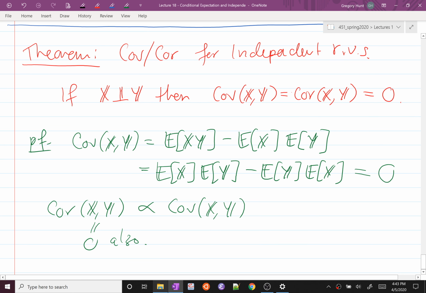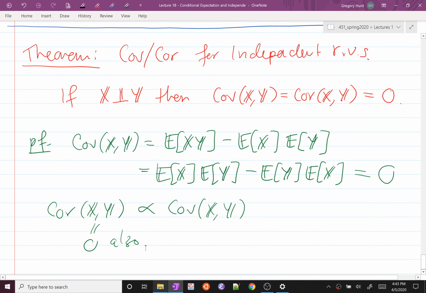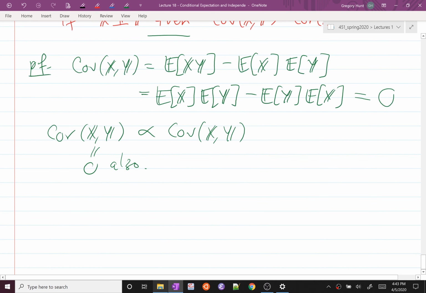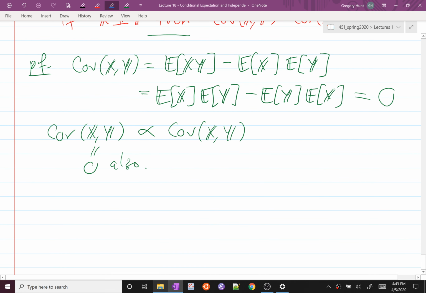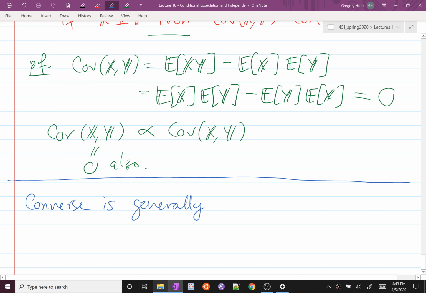That's a very useful theorem. If things are independent, then, so this is an arrow going that way, independence implies covariance is 0. The converse is not true. There's one case where it's true, but the converse is generally not true.